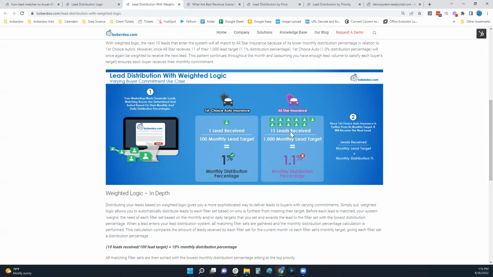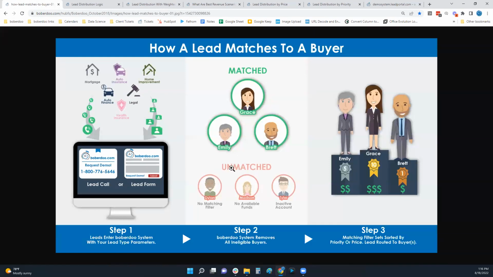Now, over time, what you will end up with is an approximate 10-to-1 relationship where every lead that first choice receives, All-Star will receive 10. Now, it's worth reiterating here that that is all based upon those filter set matches.